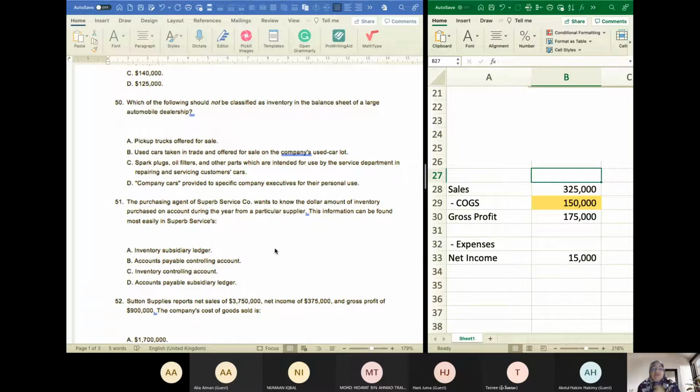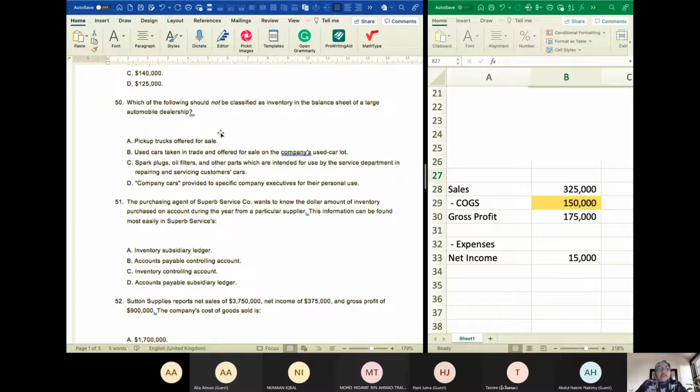So these are your inventory. The question asks what should not be classified as inventory, so anything that is not inventory will be the answer. If I were in the automobile dealership, would pickup trucks offered for sale be inventory? Yes. So that is not the answer, because the question wants not inventory.